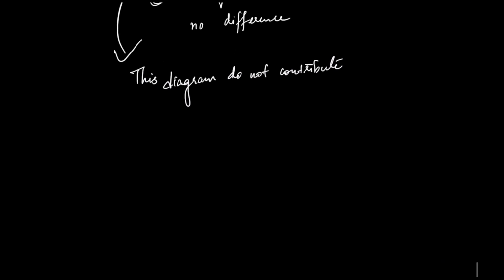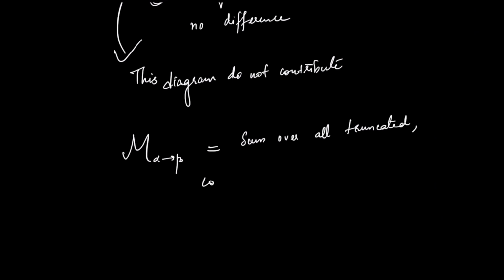And if that is the case, then the scattering amplitude M alpha to beta can be summarized as the sum over all truncated, right? Because we are truncating the external legs, then connected, because we do not consider disconnected diagrams, we consider only connected diagrams with all particles participating in the scattering process, and on shell diagrams because we consider all the momenta to be on shell.